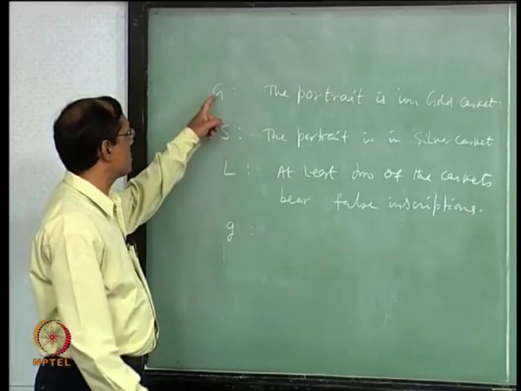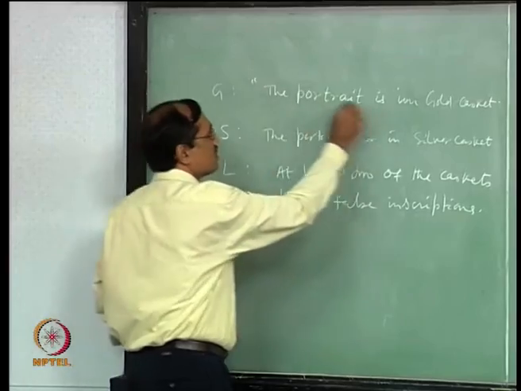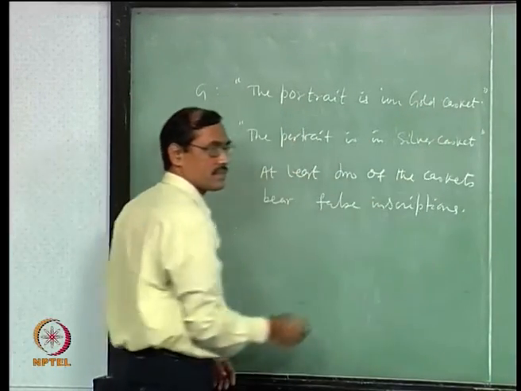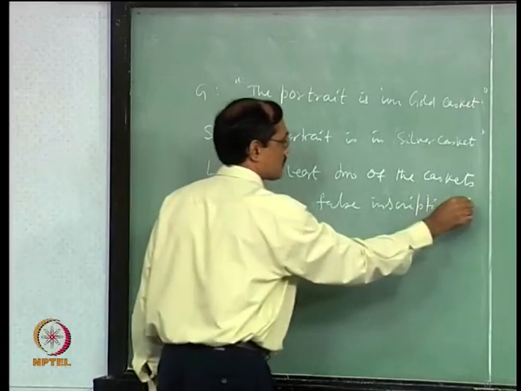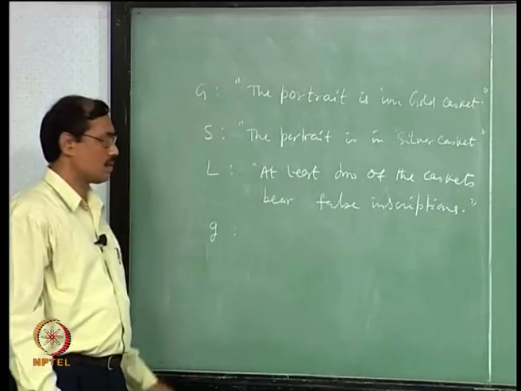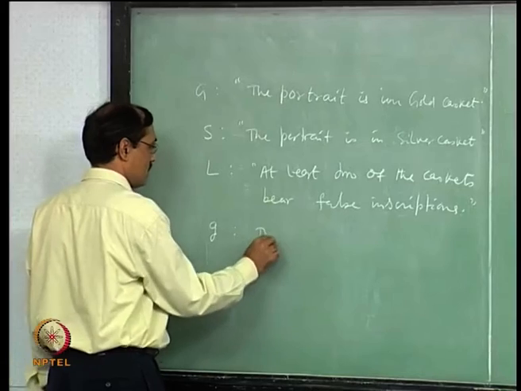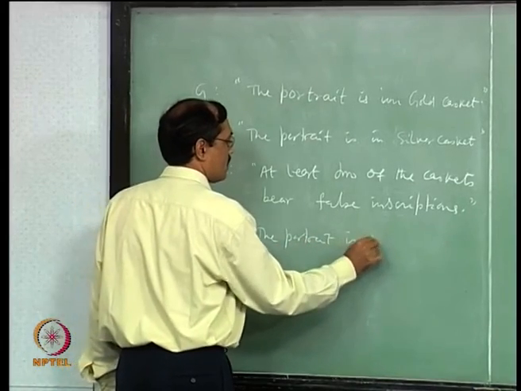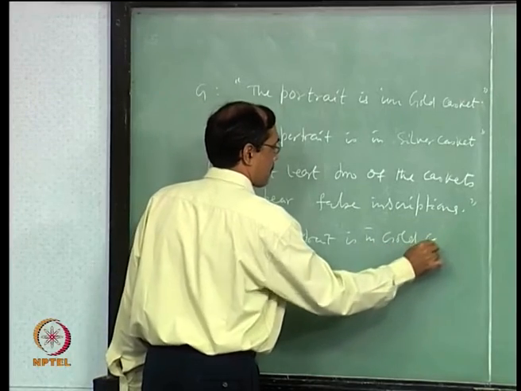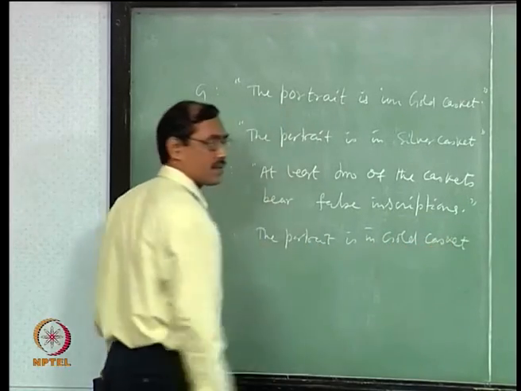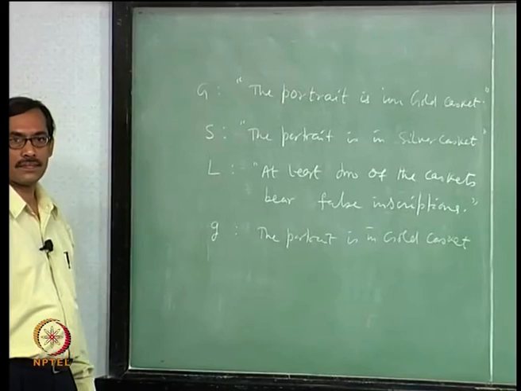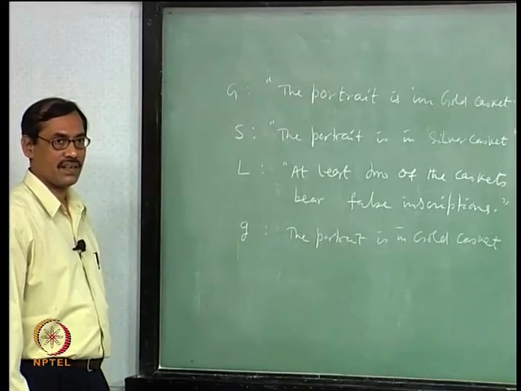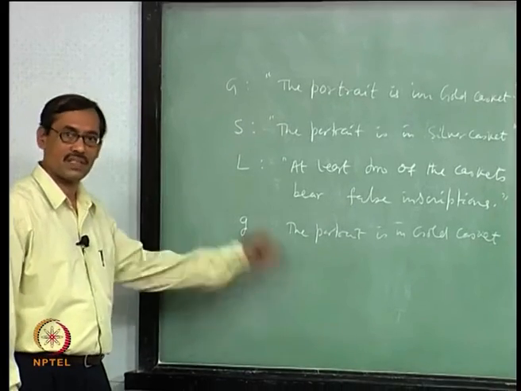So, this capital G is the inscription itself, you may write a quote for that. Capital G is for the inscription written on the gold casket, small g is for the portrait is in the gold casket.